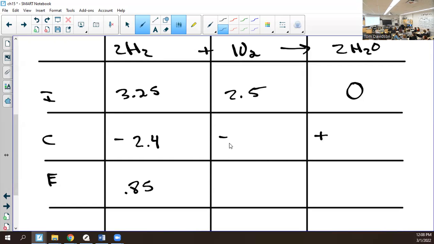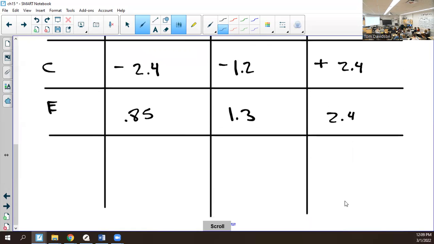Okay, what would this difference be? Negative 1.2, because the difference is 1/2 of what this was. What's this difference? 2.4, because it'd be 2 over 2 or the same. All right, so now I just apply math. 1.3, 2.4. Then we're ready to plug it in.